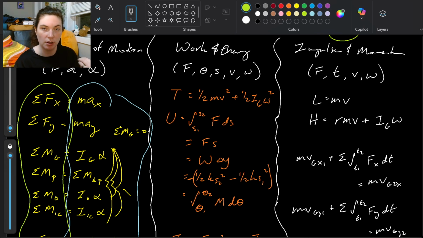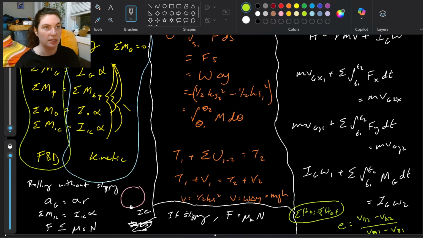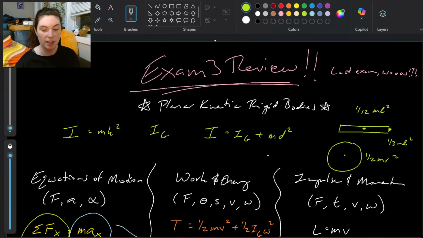If you can get to a correct answer and show how you get there, that's full credit for you. So with all of that being said, this is going to be our last exam. This is all of our final content. We've done in this class all of our kinematics and kinetics of particles. Now we're wrapping up our kinetics of rigid bodies after doing our kinematics of rigid bodies. And that's it. That's the whole course.